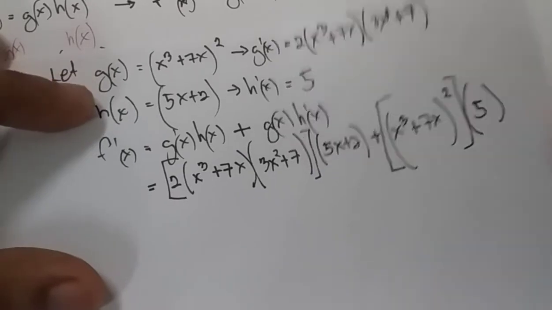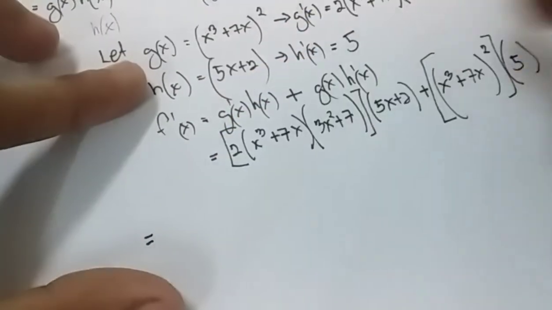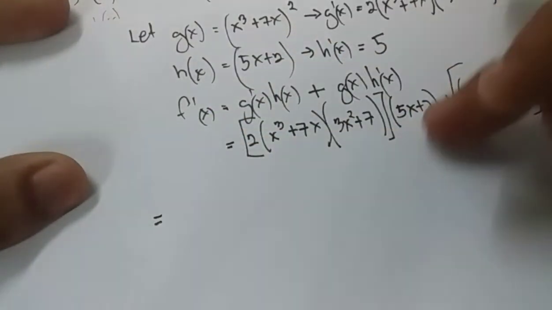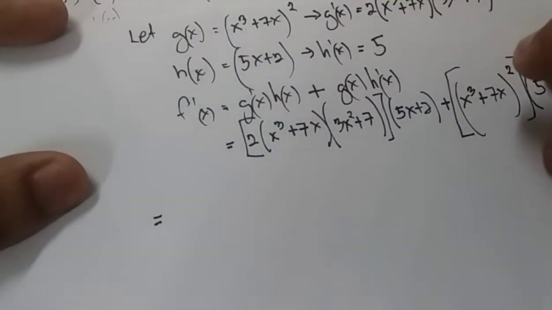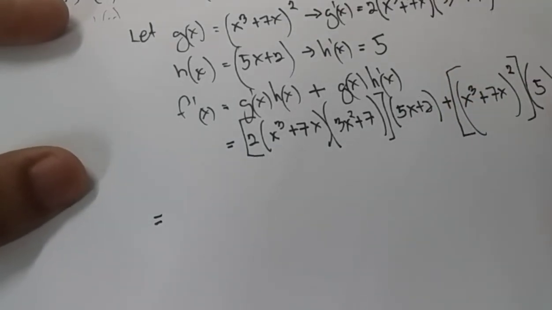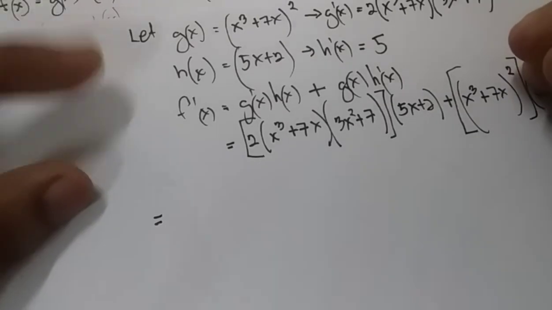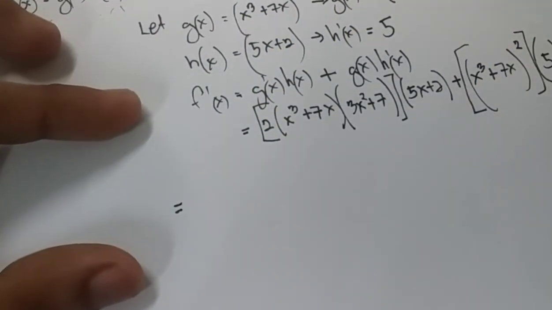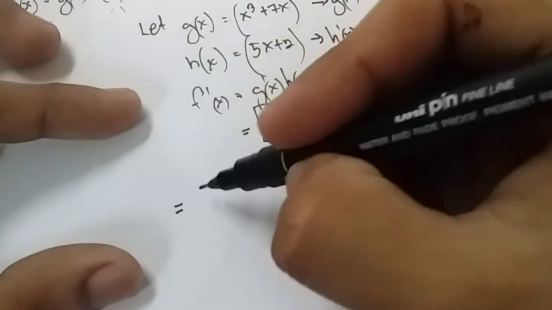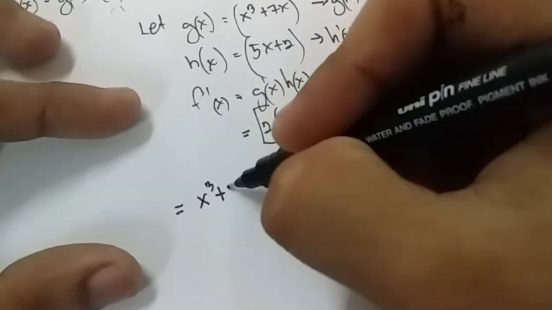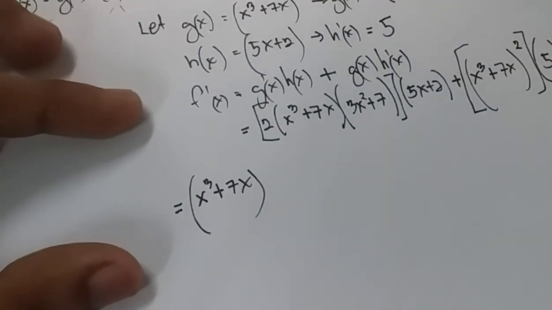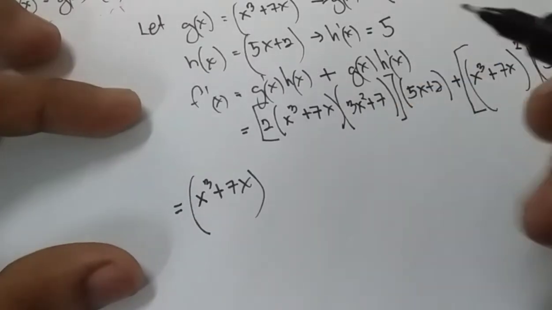After this, if you notice, in the first term we have a common factor that is also in the second term, which is x cubed plus 7x. So I will factor this out to simplify our given.